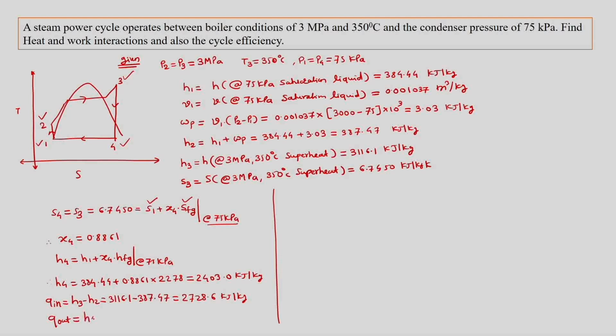Similarly, Q out is H4 minus H1, and we have H4 as 2403 minus H1, which is 384.44. So Q out is 2018.6 kilojoule per kg.